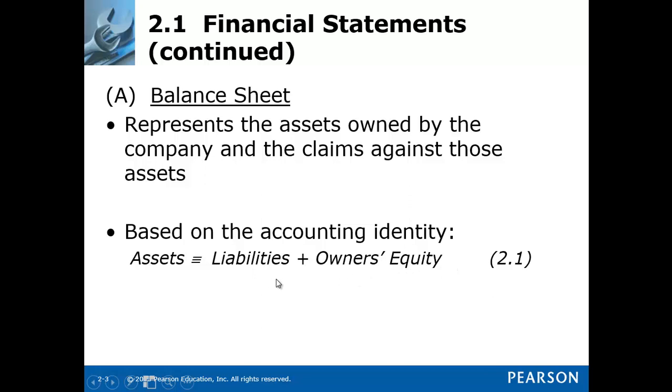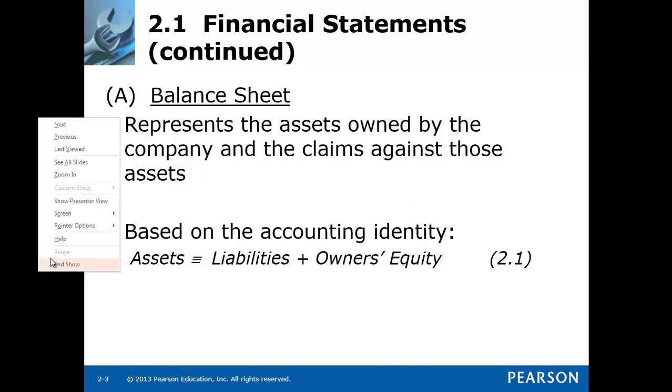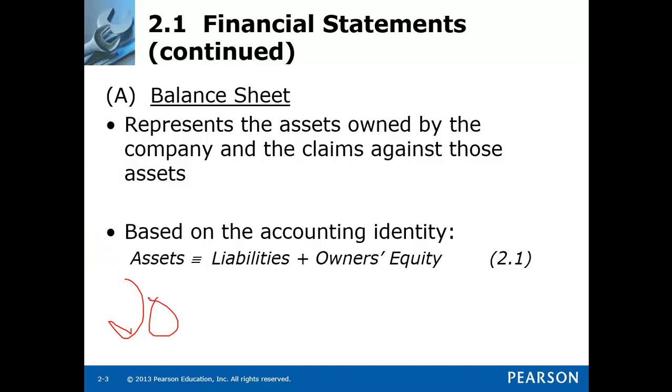So let's take an example, a home. If you were putting together your personal balance sheet, you may own a home that's worth $200,000. That is your assets, worth $200,000. So you have a $200,000 home. You may have a home loan of $150,000.